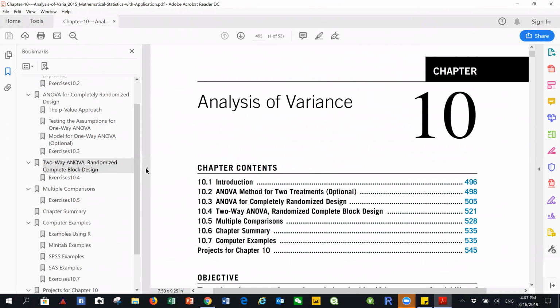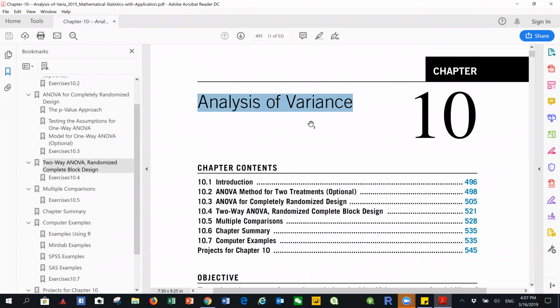ANOVA derived its name from analysis of variance. Although it says analysis of variance, its goal is to test the differences of means.